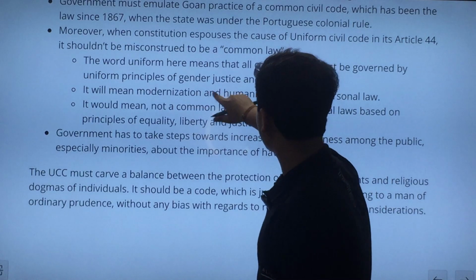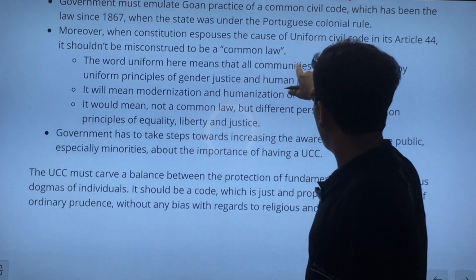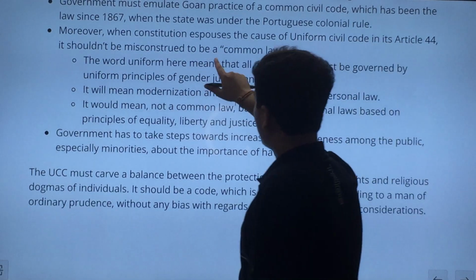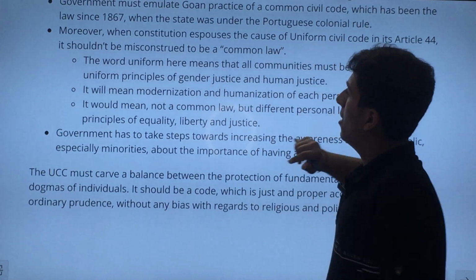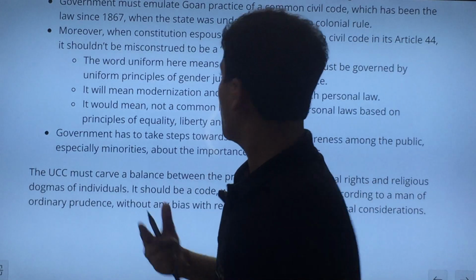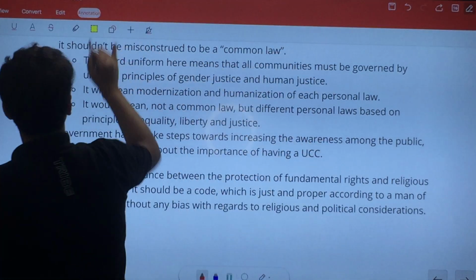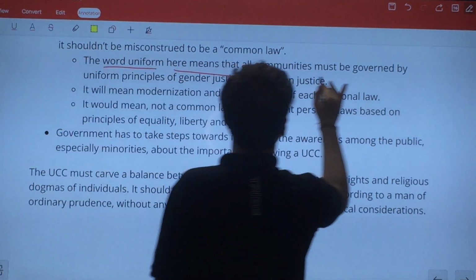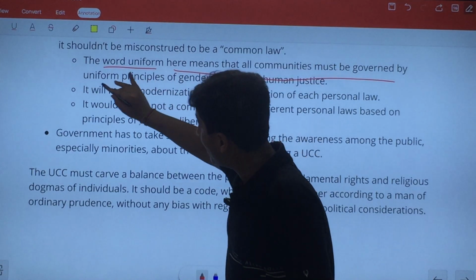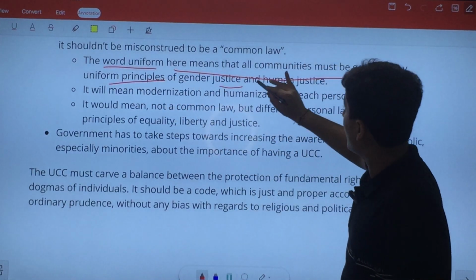The word uniform here does not mean that the communities must be governed by the same personal laws, but by uniform principles of gender justice and human justice. मतलब यूनिफॉर्म का मतलब क्या है? देखिए, यूनिफॉर्म हियर मीन्स दैट कम्युनिटीज मस्ट बी गवर्न्ड बाय यूनिफॉर्म प्रिंसिपल्स of gender justice and human justice.